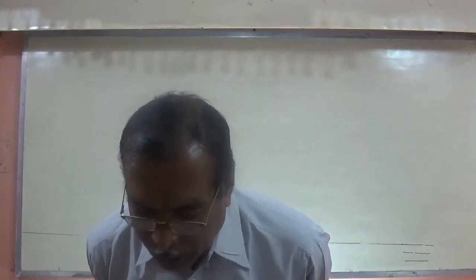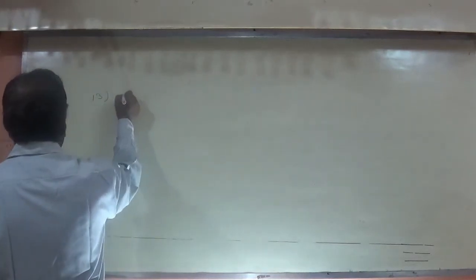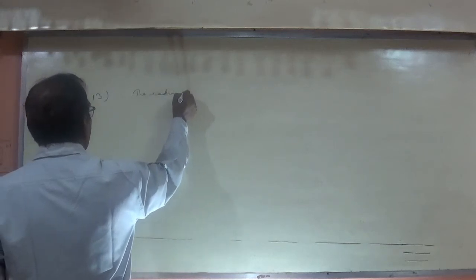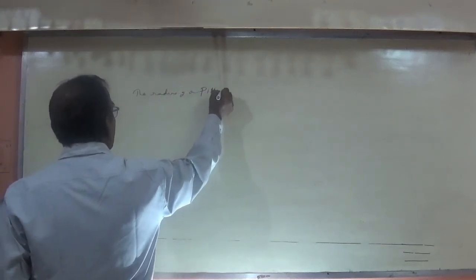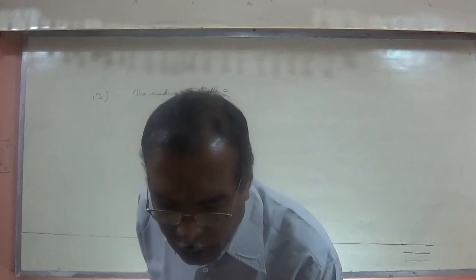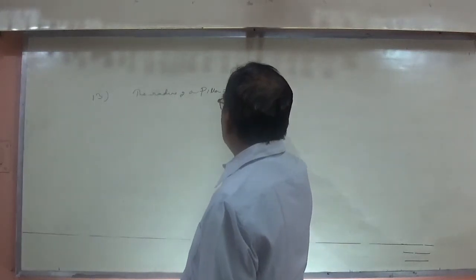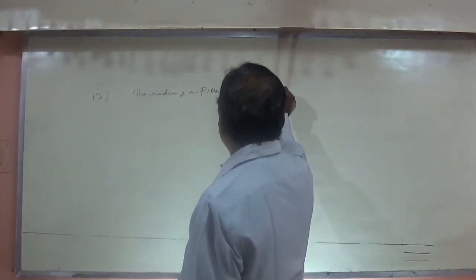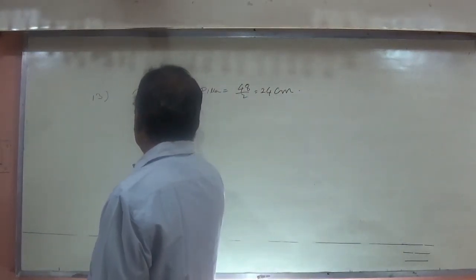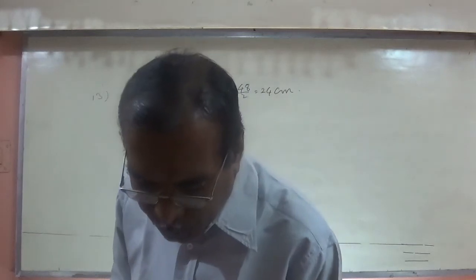48 centimeter. So the radius of a pillar is the diameter by 2, 48 centimeter by 2, is equal to 24 centimeter, and the height is given as 7 meters.